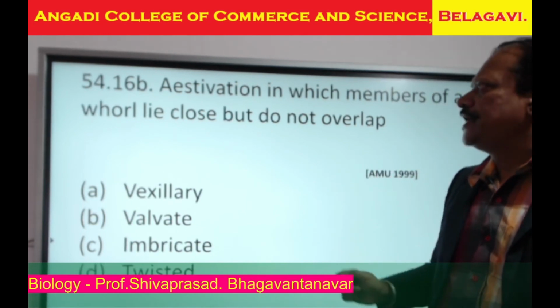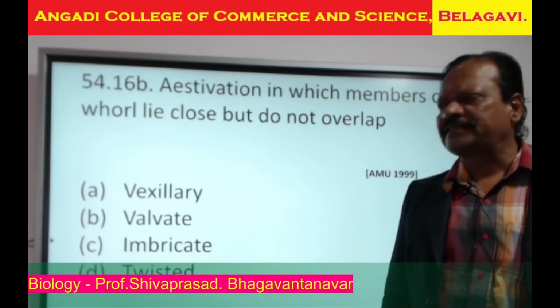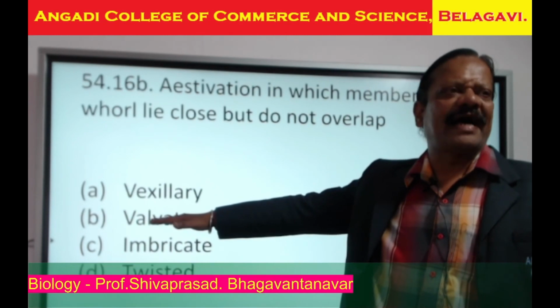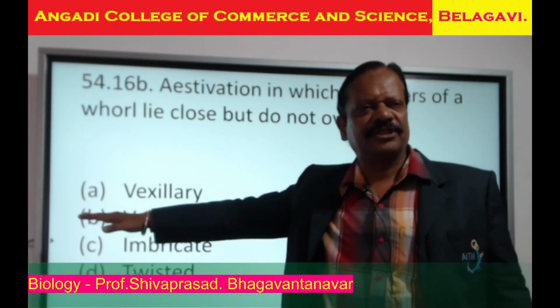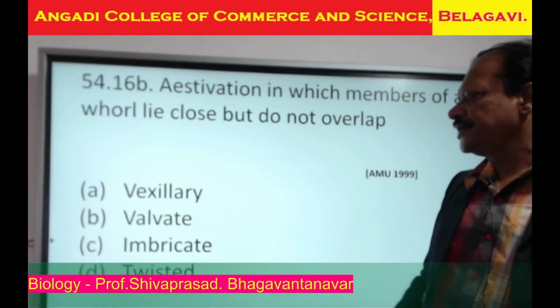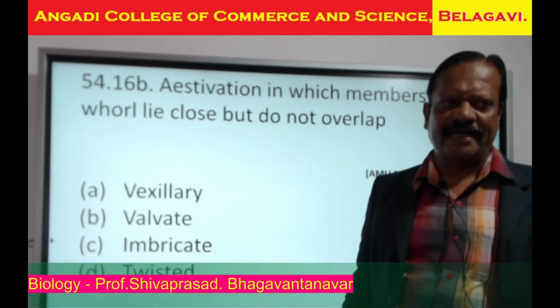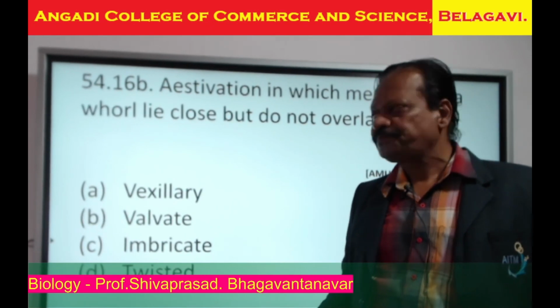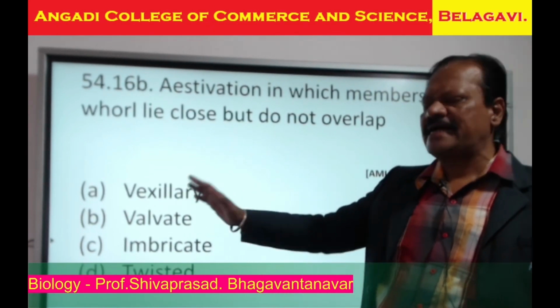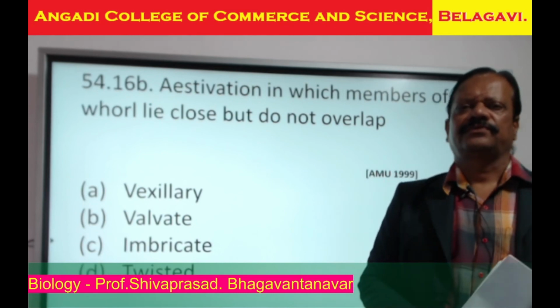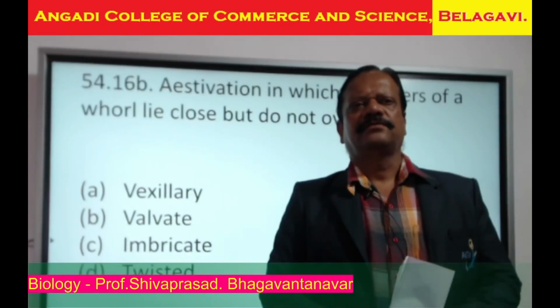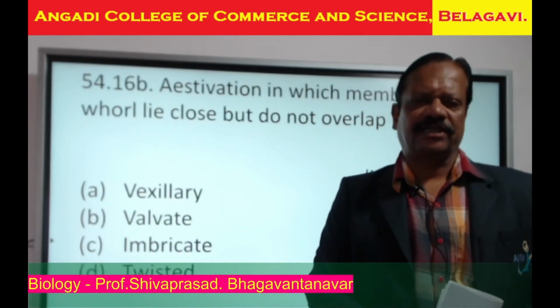So in this question, the correct answer is the valvate type of estivation, so option B is the right answer. In imbricate and twisted, we can see overlapping. So this is the right answer, and here we are stopping today's discussion.